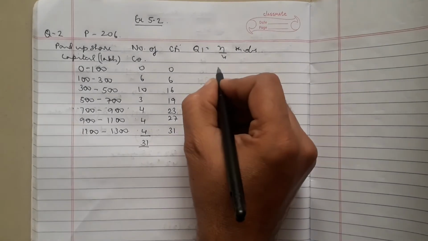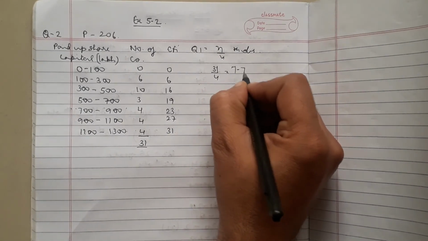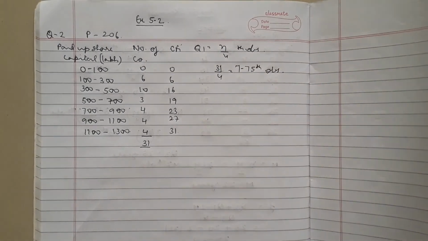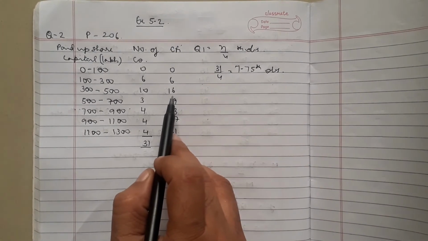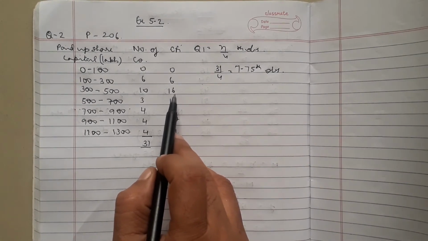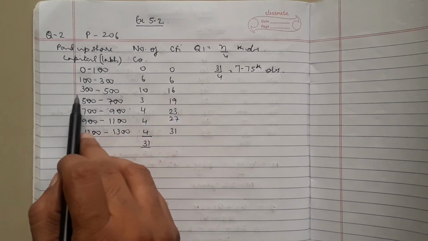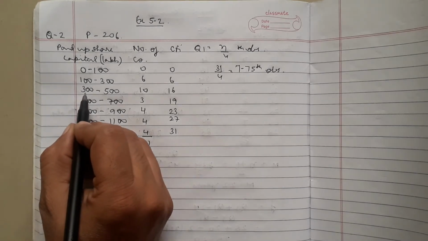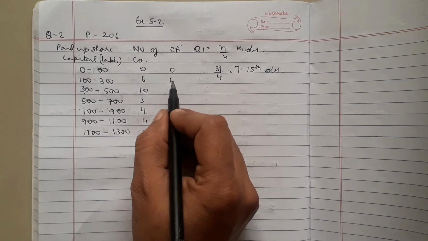N here is 31, so 31 by 4 is the 7.75th observation. Now the 7.75th observation lies in the CF class 16. So this will be the class taken for calculation of Q1. L will be 300, frequency will be 10, CF will be 6.